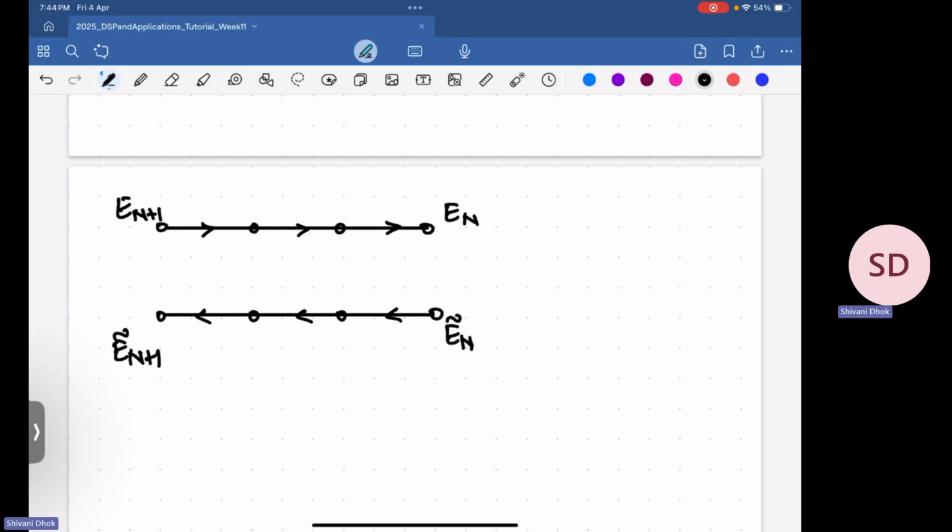Then we have one line going like this. Here we have minus kn plus 1, and here this thing comes down. Here we have kn plus 1.